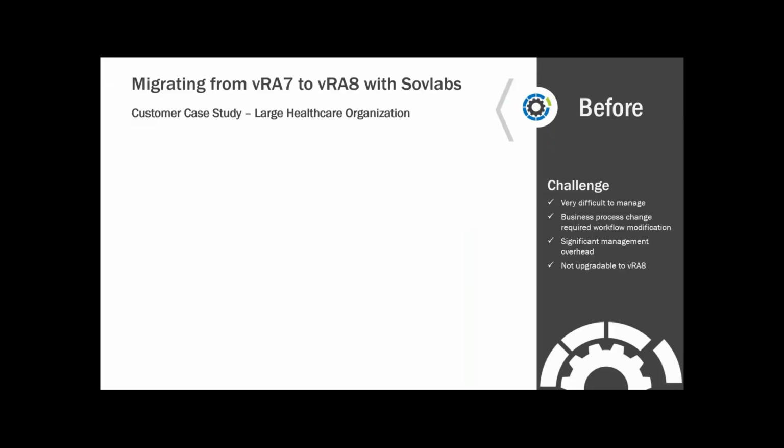So if we look at a case study, migrating from vRA 7 to vRA 8, we've got a customer we've been working with. They've started adopting vRA 7 earlier this year, probably in the last 12 months. And knowing that vRA 8 was coming out and on the horizon, the idea was they really needed to prepare. They did have an existing vRA 7 environment, so I shouldn't say they've adopted vRA 7 this year.